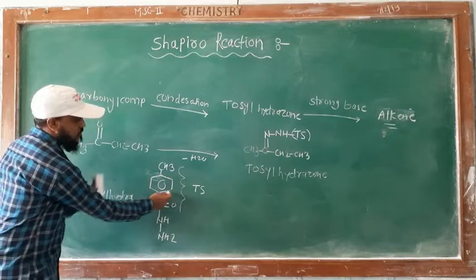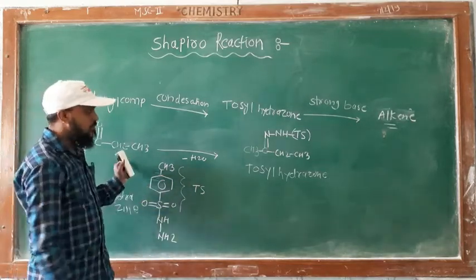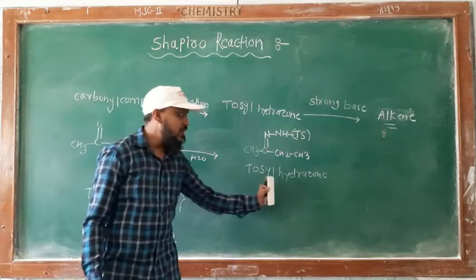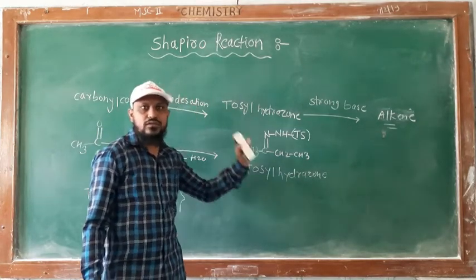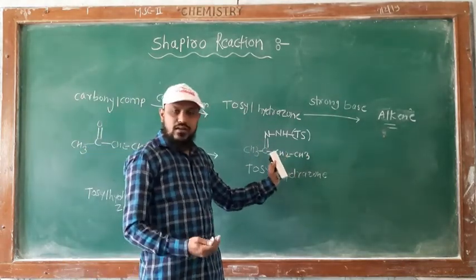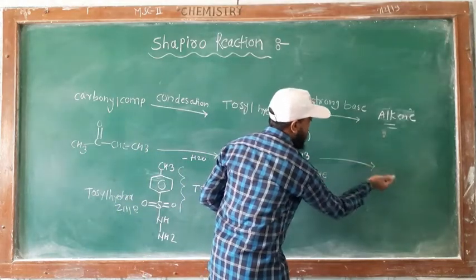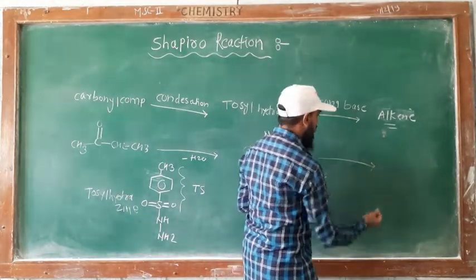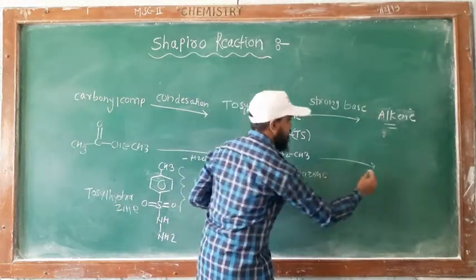This is the structure of tosyl hydrazine, and by the reaction of both, a tosyl hydrazone is formed. This tosyl hydrazone further reacts with a strong base to form an alkene.